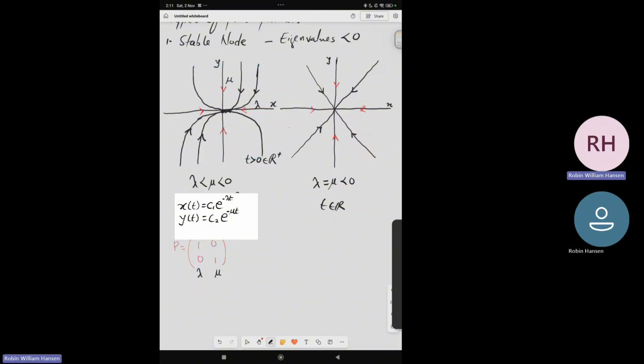Solution curve will come this way, parallel, then bend toward the origin, parallel to mu, then bend toward the origin. So our solution curve will come this way. Is that okay? They're all going toward the origin. The one I just drew belongs to the negative part of the real line.